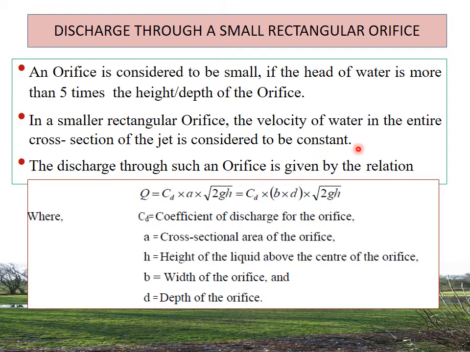That's why we calculate using the direct formula: actual discharge Q equals Cd into A into square root of 2gH, where Q is the actual discharge, Cd is the coefficient of discharge for the orifice, A is the cross-sectional area of the orifice, H is the height of the liquid above the center of the orifice, B is the width of the orifice, and D is the depth of the orifice.